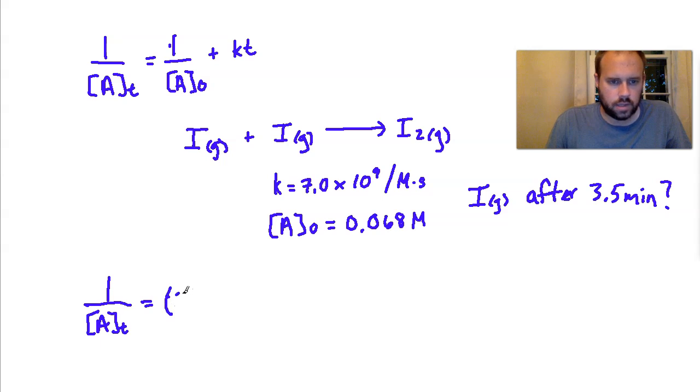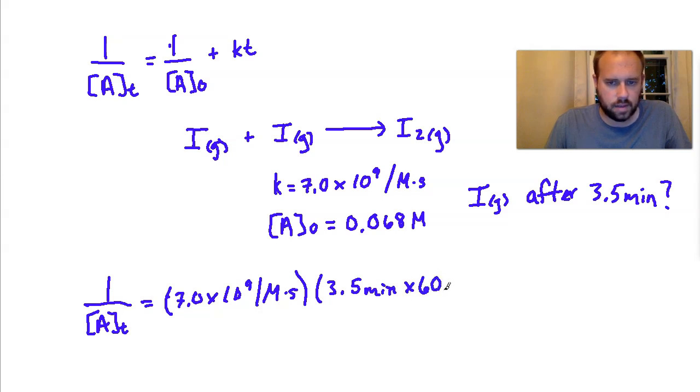so it'll be 7.0 times 10 to the 9th. Okay, and notice that that K is a very large number, which means that this is reacting very quickly, is what that's telling us. Okay, so then we're going to have 3.5 minutes. Now again, we need to get that into seconds, so I would need to multiply that times 60 seconds, right, for every 1 minute.